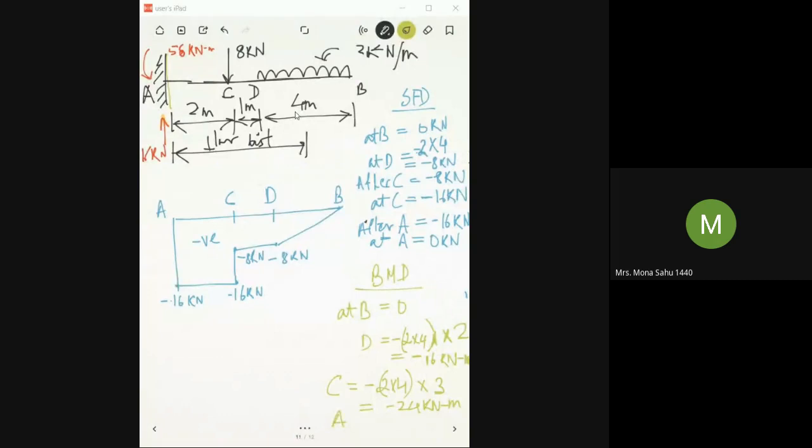Point A is going to be 0. Okay, I'll write point A here. It's not able to write it there.